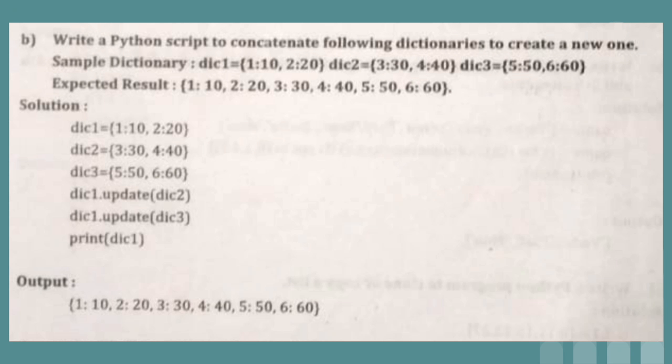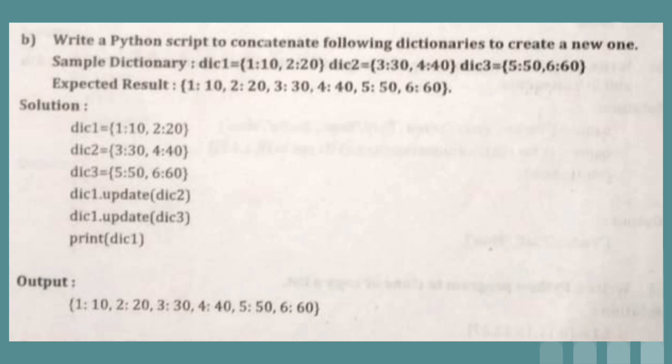It means we have simply added dictionary 2 and dictionary 3 inside dictionary 1, because the sequence is like that. The first two elements are from dict 1, so it's confirmed that we want to add the elements of the other dictionaries inside dict 1. So for the same, we have to write the program.